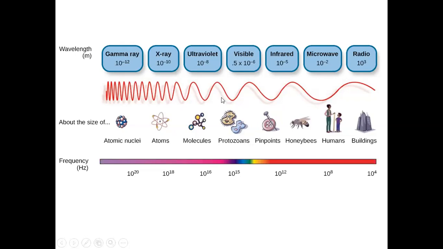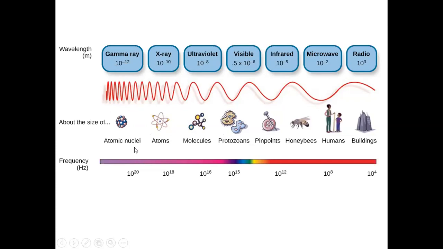Then visible light is in the range of protozoans and pinpoints, in between. Then molecule size is the ultraviolet light. X-rays are about the size of an atom, and gamma rays are about the size of an atomic nucleus. So you can imagine how small they are. We are not able to see these.